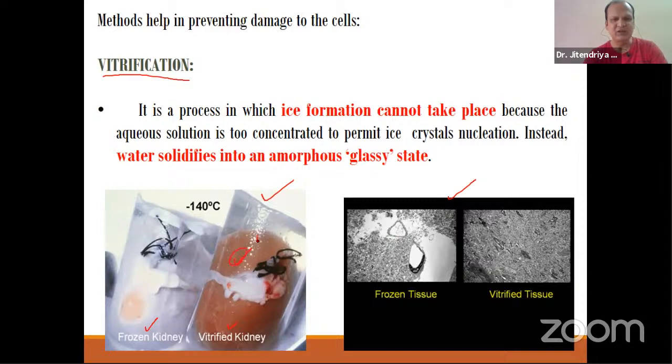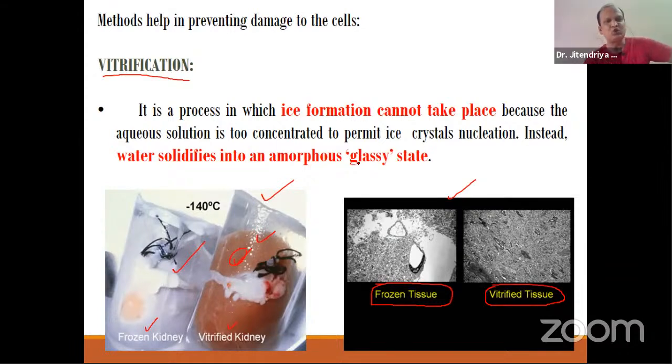The muscles are easily visualized, whereas this one is totally ice. Microscopically, you can see that several ice crystals were formed, whereas in vitrified tissue there are no such ice crystal structures. So to avoid that, vitrification is a must.